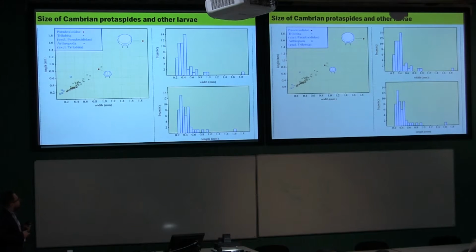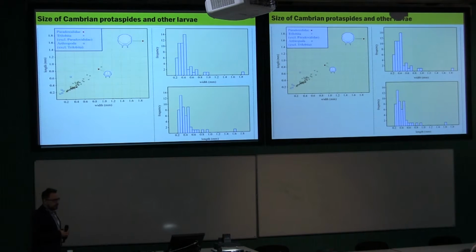So that's for the Paradoxidid trilobites. But if you compare these protaspid larvae with other protaspid larvae from the Cambrian, and also with some other arthropod larvae, you can see that they are really gigantic. This is Paradoxides, and this is Hydrocephalus.